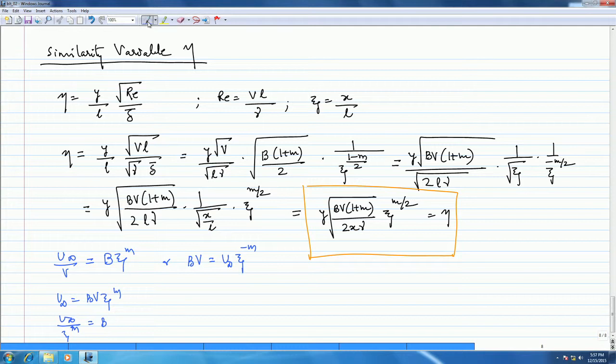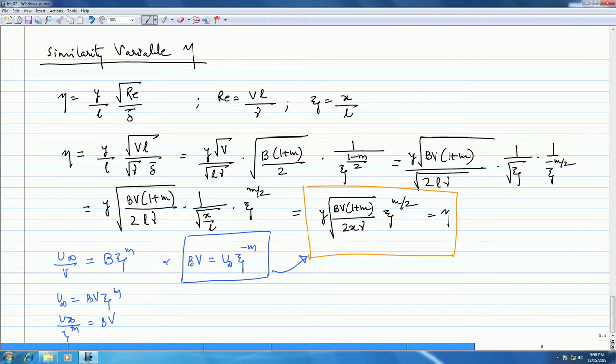So that basically is b v, and I can write this in this fashion when I took the power to the top. So therefore I get this. Basically what I'm saying is we can replace the b v term here by u infinity zeta to the power minus m. If I do that, we input that in there.